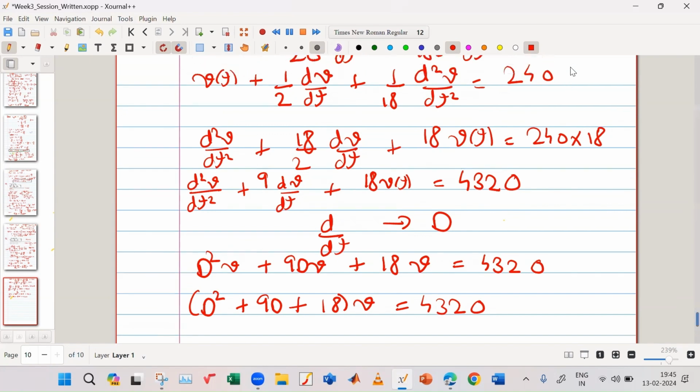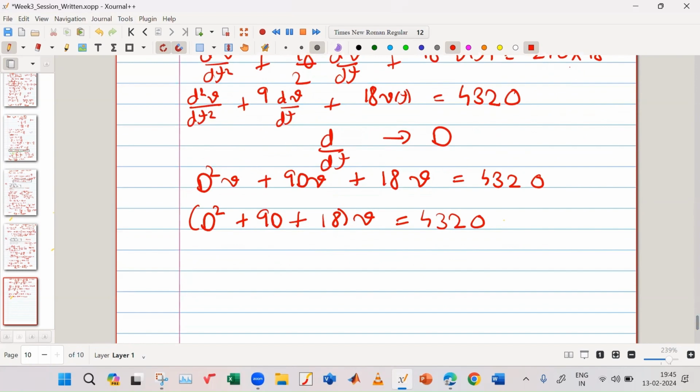So what is my auxiliary equation? D square plus 9D plus 18 equal to 0.